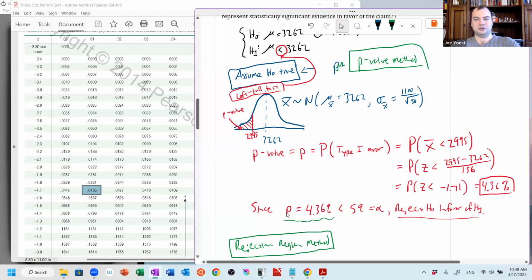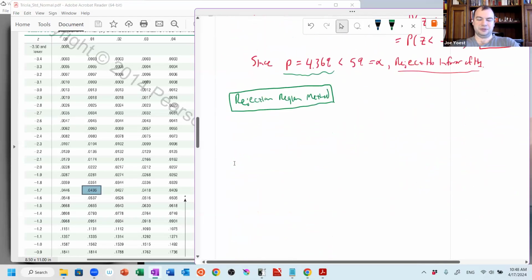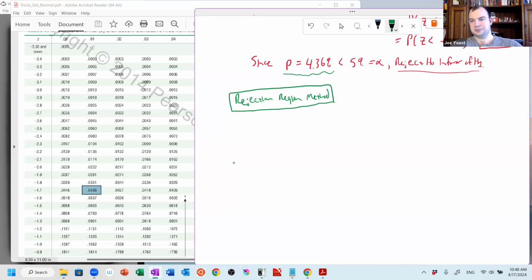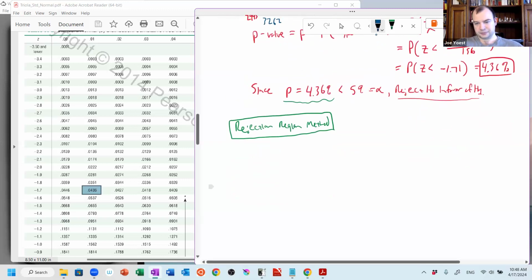I'd have to do all the work from basically this beginning step here for each new sample. It will be much nicer if I could have a rejection region where I can just say, this is the cutoff X bar observed. To the left, we can reject. To the right, we cannot reject. Well, we start off the same way.